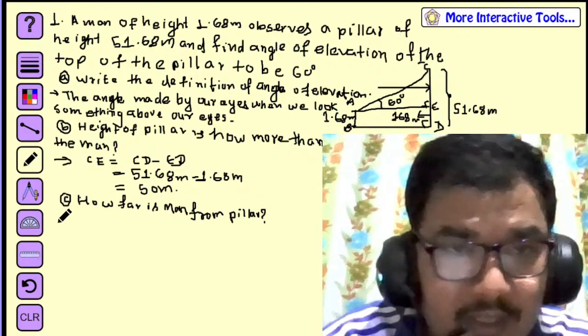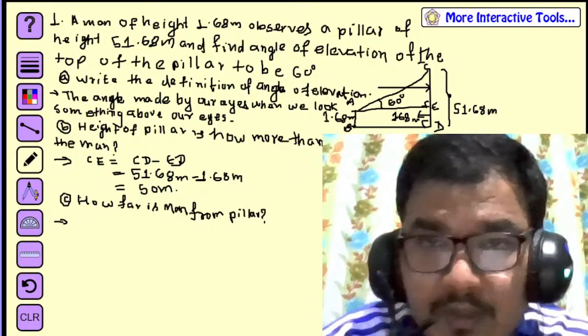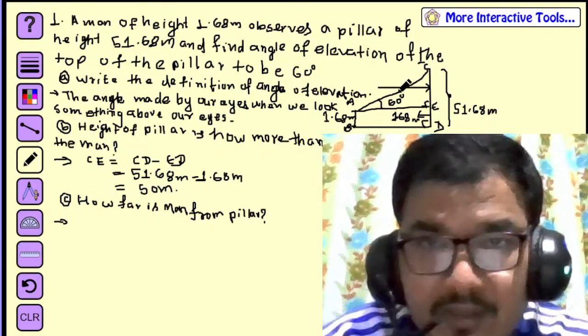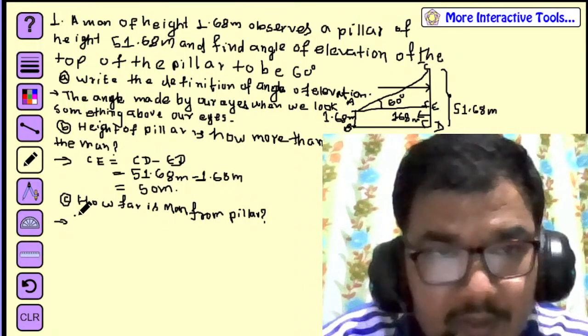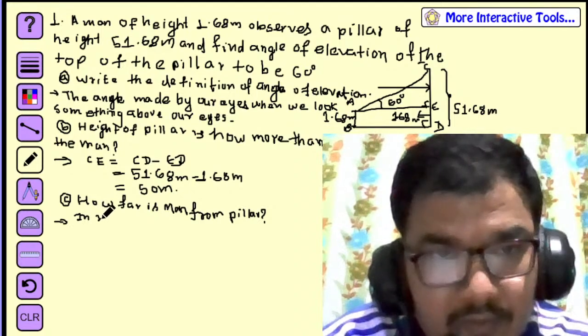Asking to find it. Then for its solution, let's take the right angle triangle. A, E, C is a right angled triangle, that is the right angle.